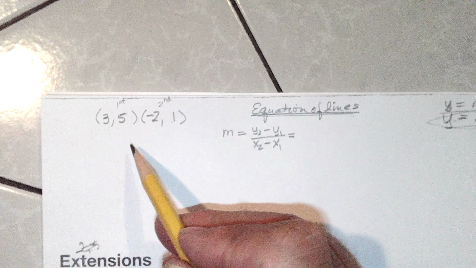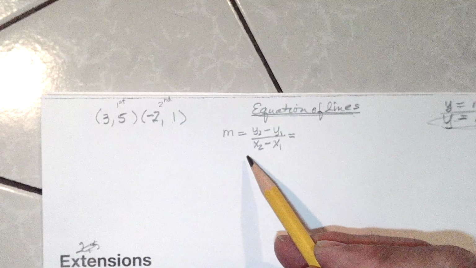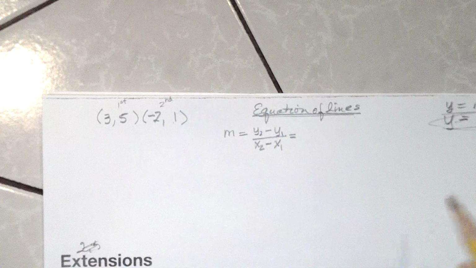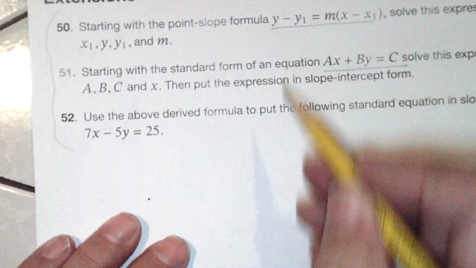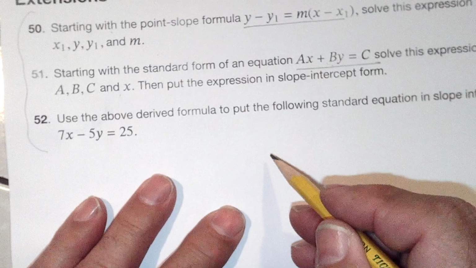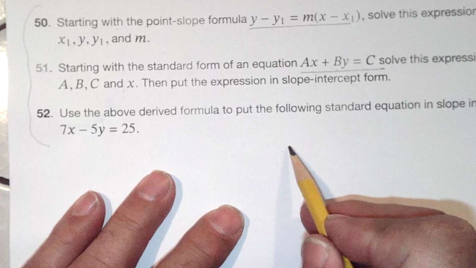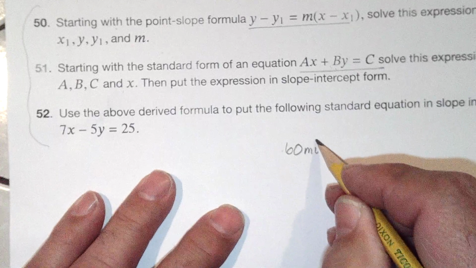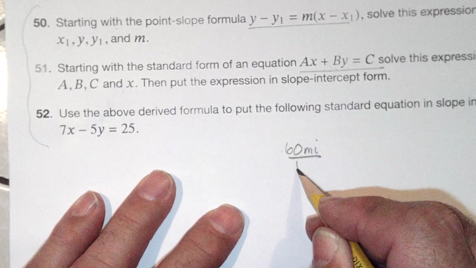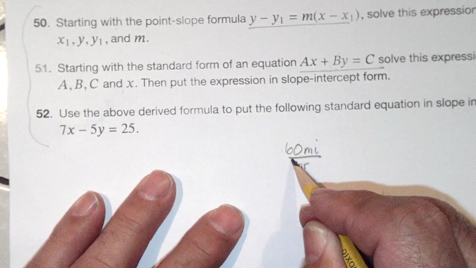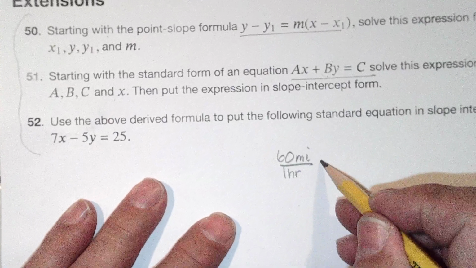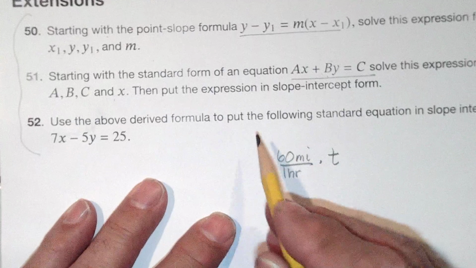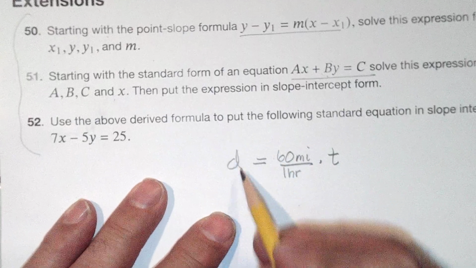Well, it's talking about a rate of change. For instance, and I used this in class, if you were driving a car at 60 miles per hour, per 1 hour, you would multiply it times the amount of time you drive it, and that would give you the distance.